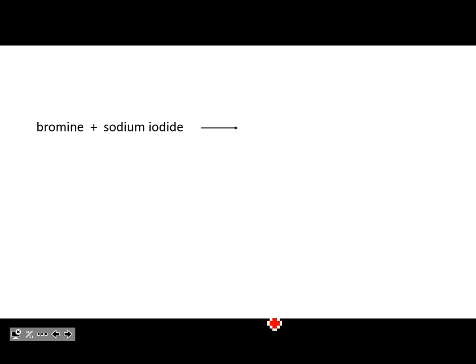Here's the one I was talking about, and you just have to recognize it. Bromine, which is a diatomic, a super 7, plus sodium iodide. Bromine is a halogen, so is it going to try to replace sodium?